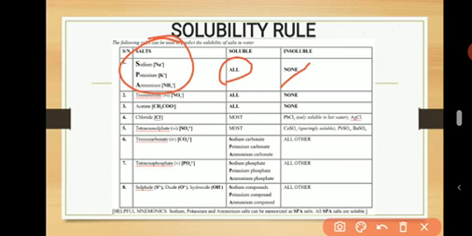Any salt that contains sodium, potassium or ammonium will be soluble. So if you see Na inside the salt, that salt is soluble. Or if they tell you the name of a salt and there is sodium inside, that salt will be soluble.